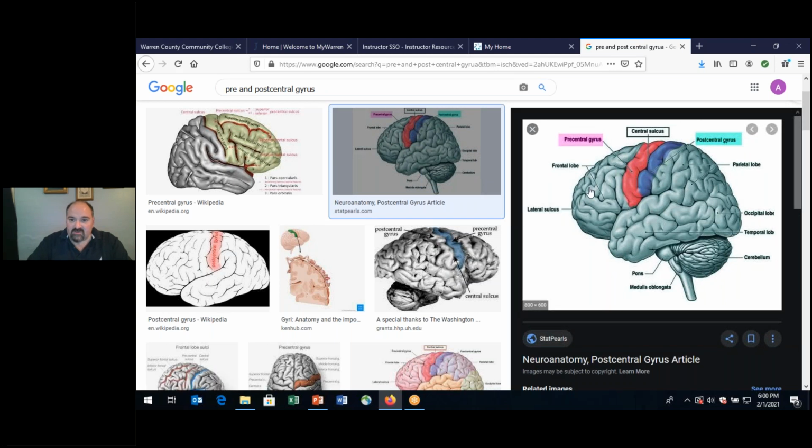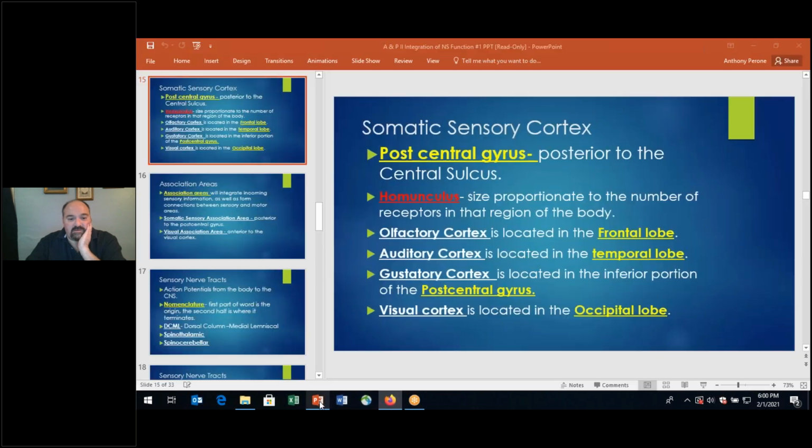You're seeing the frontal lobe, including the precentral gyrus. The central sulcus is the line of demarcation between the frontal lobe and the parietal lobe, including the postcentral gyrus, posterior to the central sulcus. Then the occipital lobe, temporal lobe, cerebellum, pons, medulla oblongata, spinal cord, right? So just recall this.